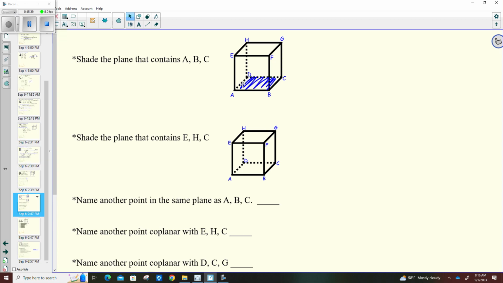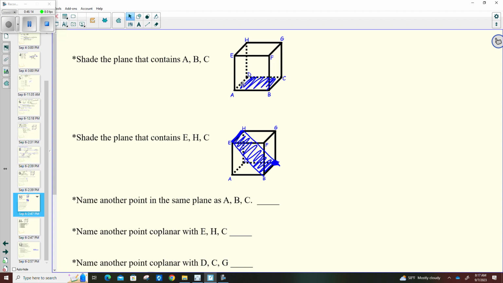It's not drawn, but if I want to take E and H and C, I have to cut through the center of that box and get that diagonal plane. So any three, you're going to have to do a little visualization to find that because maybe it's not drawn in your picture. But any three at any time can always be connected with a flat surface.